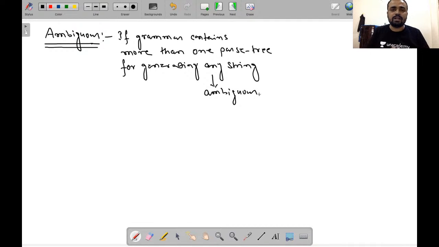Got it, everyone? If for any one string the grammar creates more than one parse tree, then it is called ambiguous.